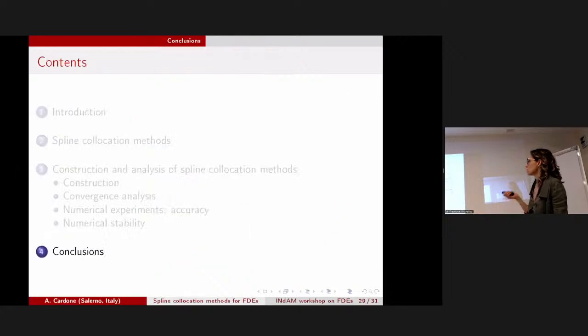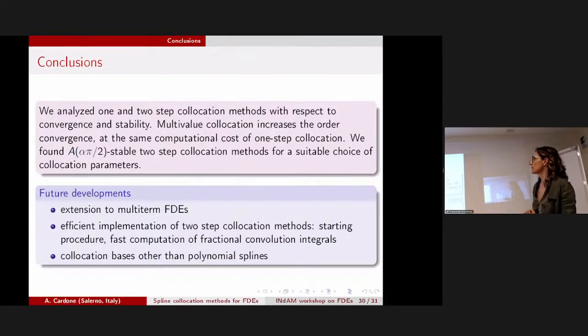And so I illustrated the construction, convergence, and stability analysis of the one- and two-step collocation methods, and some future developments can be done, such as, for example, applying those methods to multi-term fractional differential equations, and implementing the two-step collocation method in an efficient way.